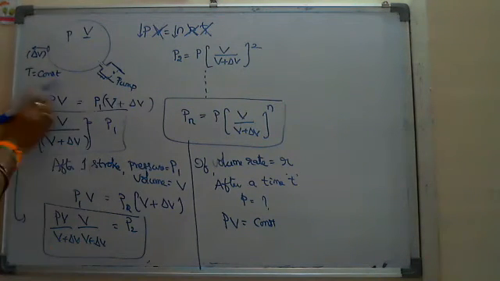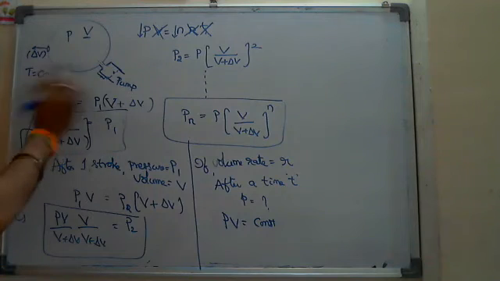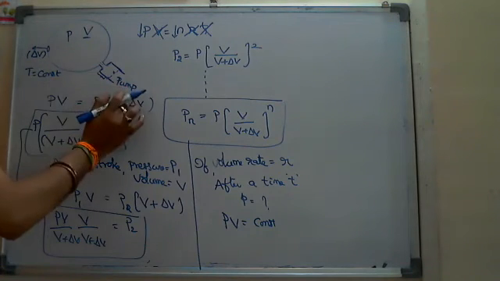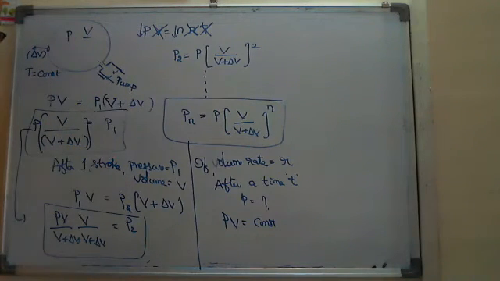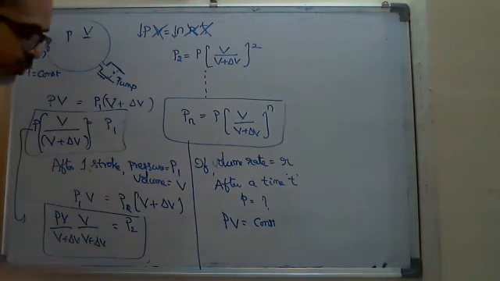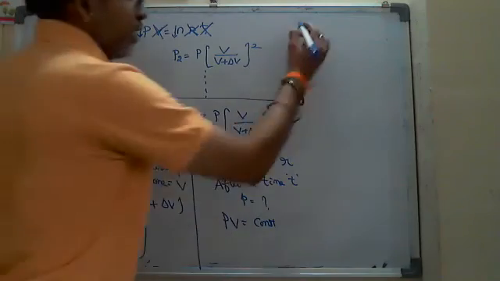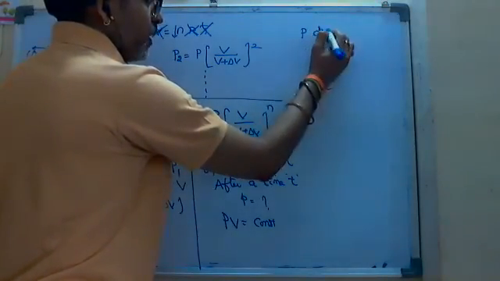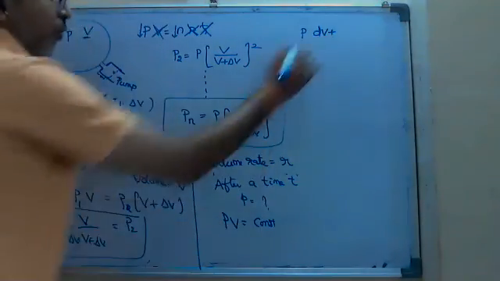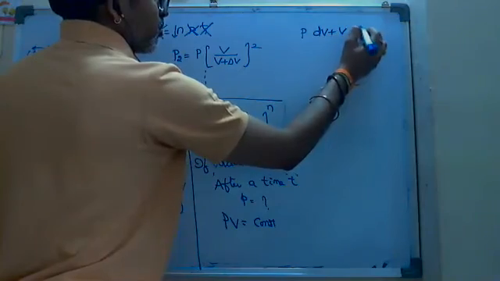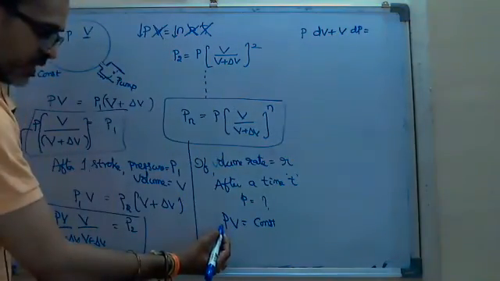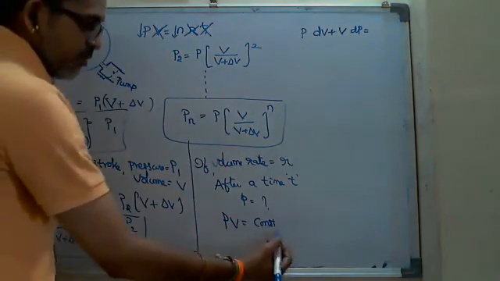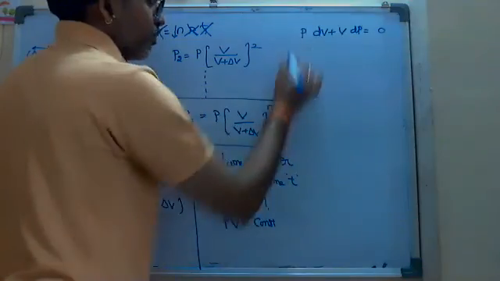So while solving, the pressure is changing, and before giving the stroke, the volume is also changing. So both are variables here. So differentiate this equation. Since both are variables, using the UV method, very simple, you will get P dV plus V dP equals the differentiation of the constant, which is 0.